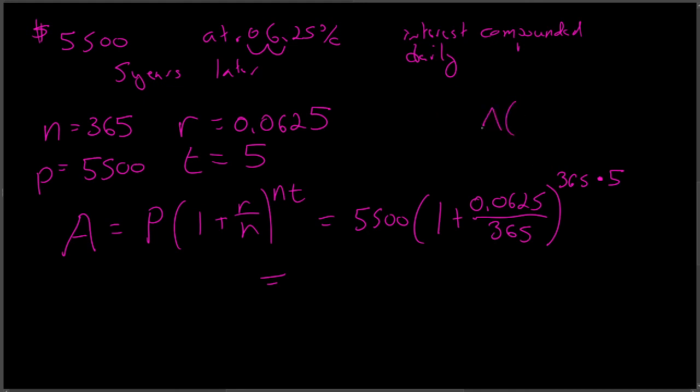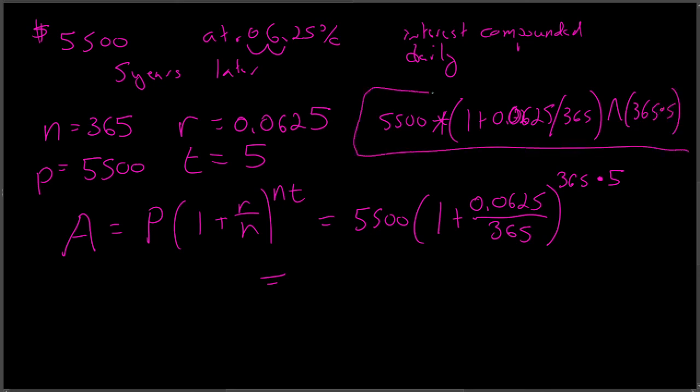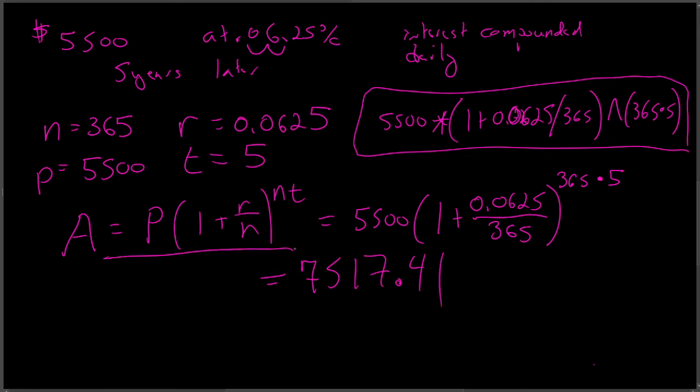So on most calculators, this would look like this. 5500, the times key, parenthesis, 1 plus 0.0625 divided by 365, parenthesis, up arrow, parenthesis, 365 times 5. And that's usually how you type it in on most scientific calculators. But I looked at my calculator, and at the end of this time period, I will have $7,517.41.